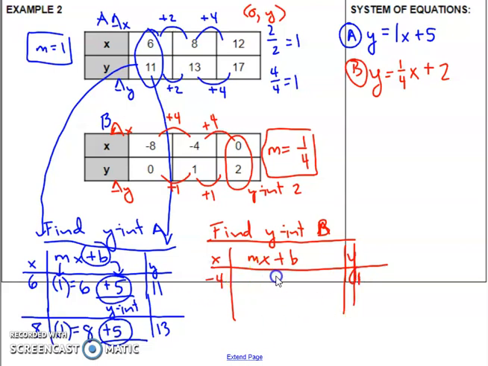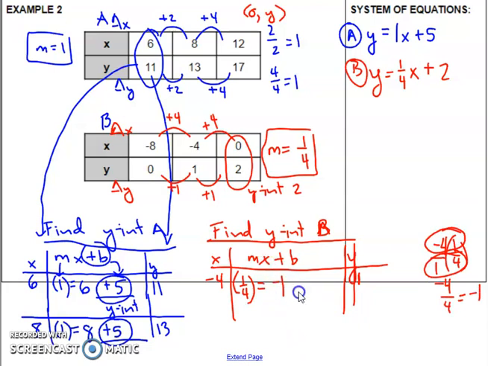Okay. All right, so we're looking slope times x. I have x, so what's my slope here? It is 1/4. So I do 1/4 times x, which is -4, which is -1. Okay, if you don't know multiplying times fractions, just multiply numerators, multiply denominators, so that's -4/4, which reduces to -1.